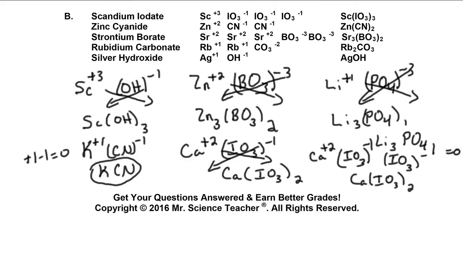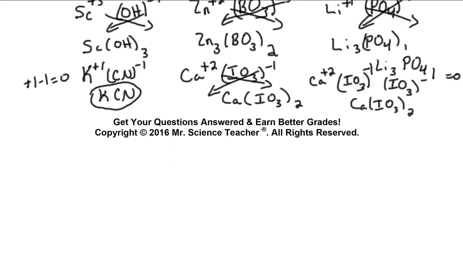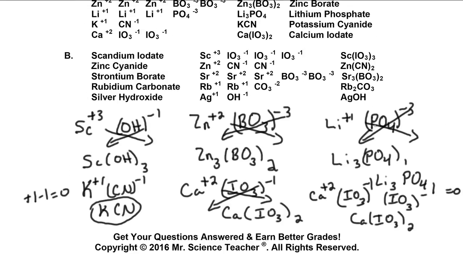So let's do that second set. Scandium iodate. Scandium is a +3. Iodate, IO3, that is a -1. Well, how are we going to write that out? From the name, scandium iodate, you had to know what scandium was, and you got that from your periodic table of ions, and scandium is a +3.